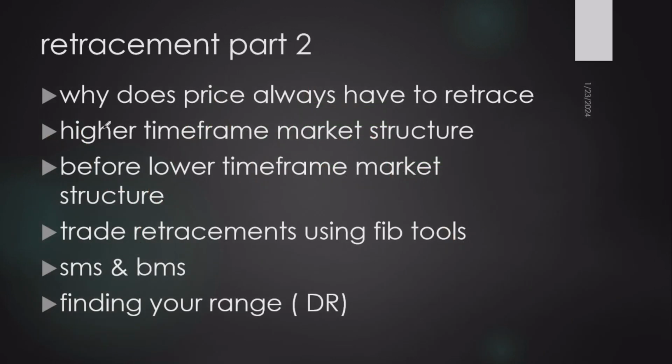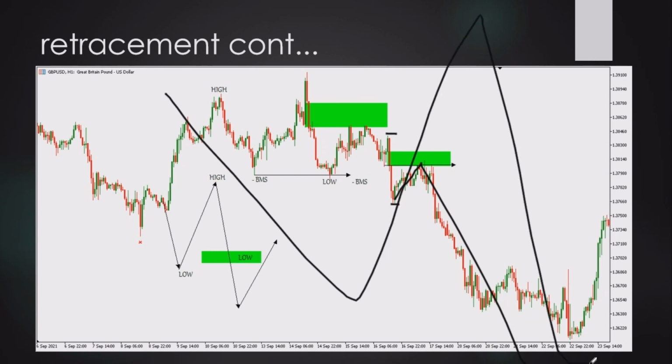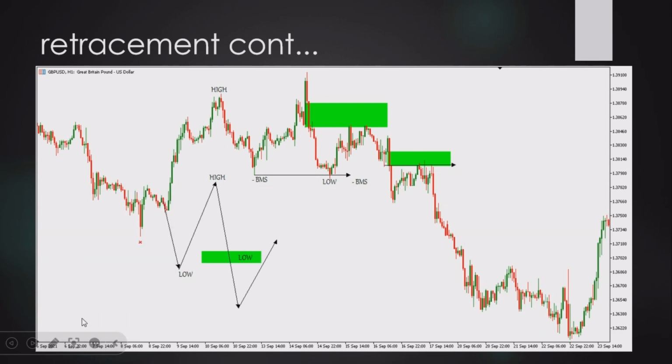So, retracement part two. The question is, why does price always have to retrace? Well, I've already explained, I think last week during the impulse and corrective wave lesson, that the market won't just go down and go up and come down. No, it has to do it in a manner that gives room for fair pricing.